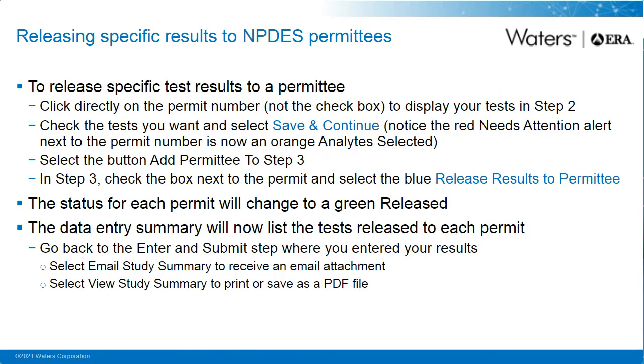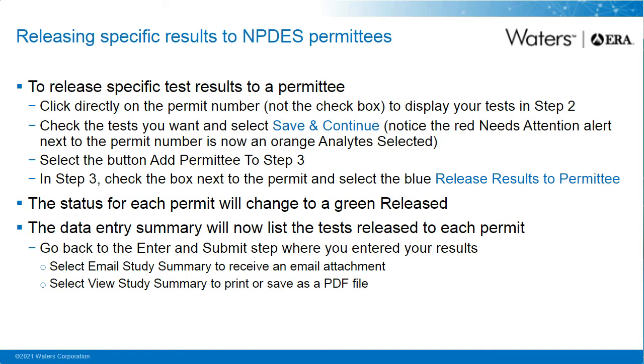The other option is to release only specific test results to a permittee. That would be based on the analytical work you do for them. To do this, click directly on the permit number in Step 1 to display your tests in Step 2. Check only the tests you want now and select Save and Continue.